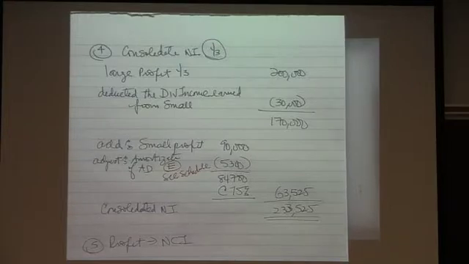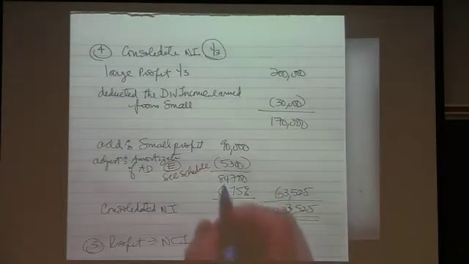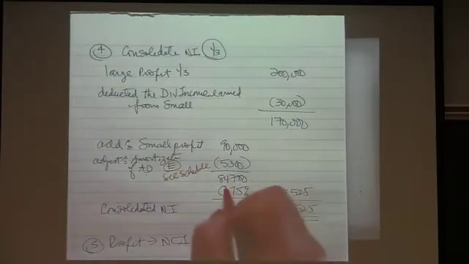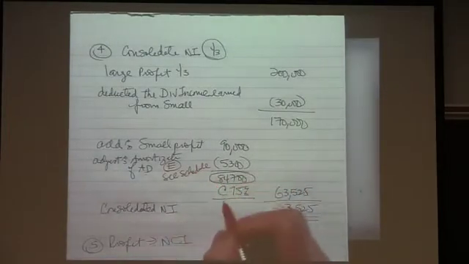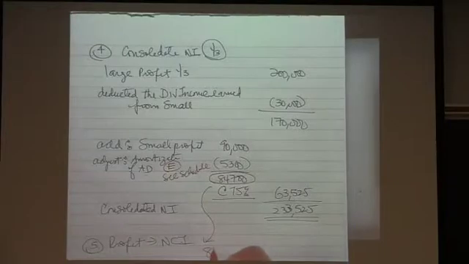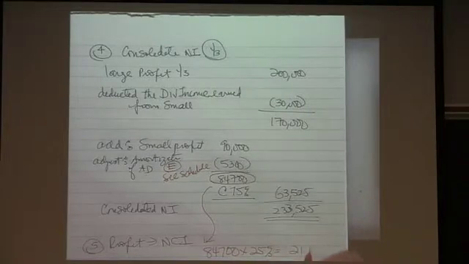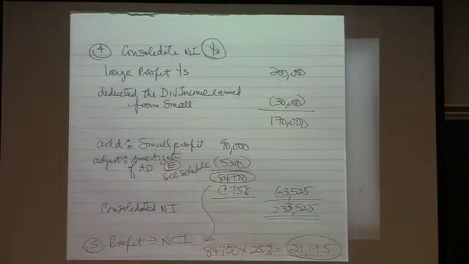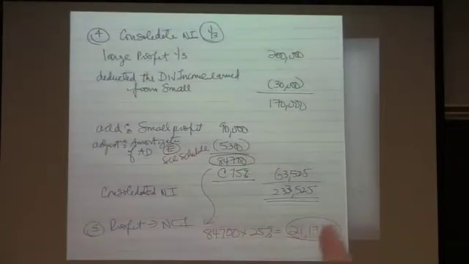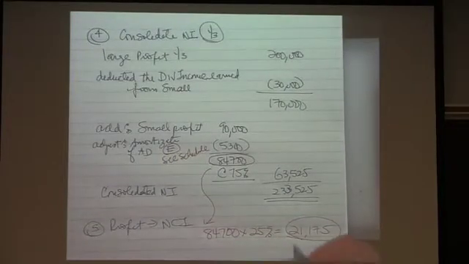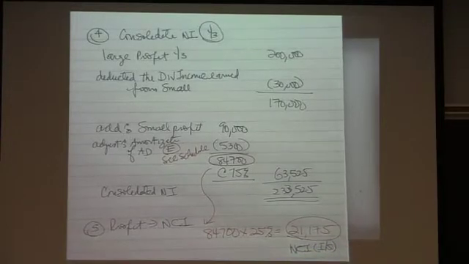By doing this calculation, this number is the profit adjusted for small, so 25% of it should be the profit attributable to NCI. So this would have been your adjustment to the NCI, and that would be the NCI income statement. Okay? Does that make sense?